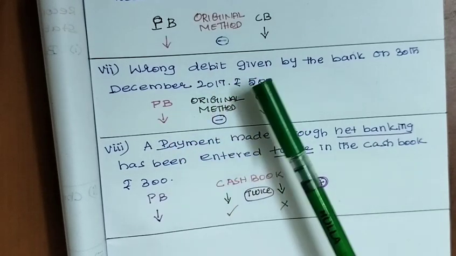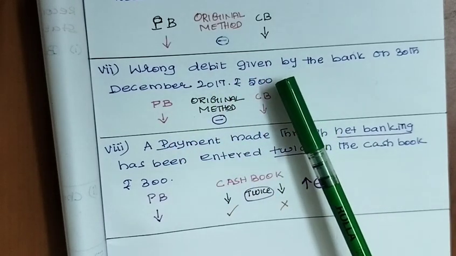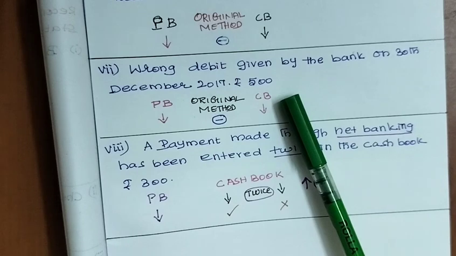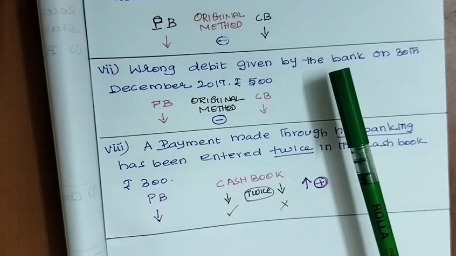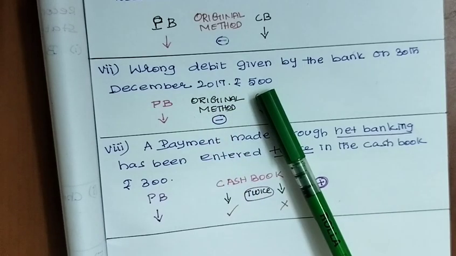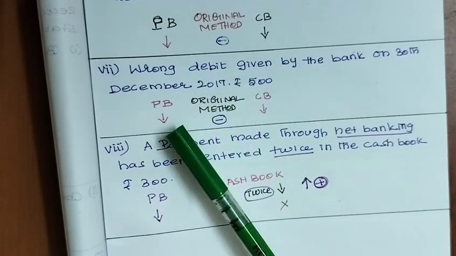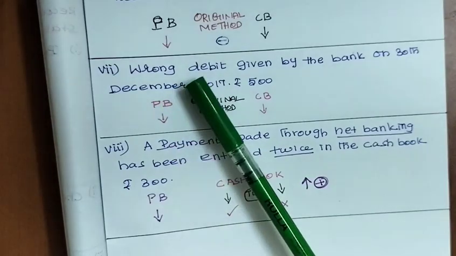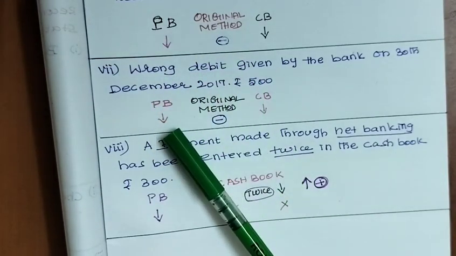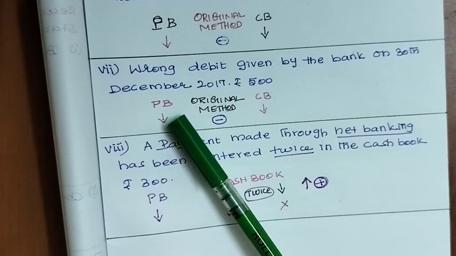After receiving the bank statement only, it comes to the customer's knowledge that the bank wrongly debited 500 rupees. So debit means deducted, wrongly reduced, wrongly decreased 500 rupees in its passbook.